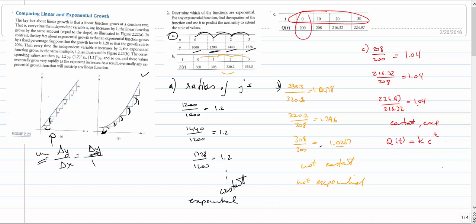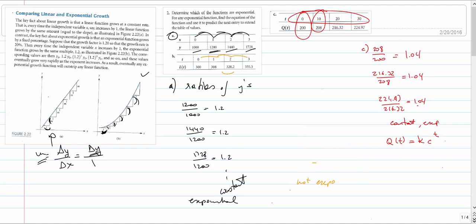Let's take 0 and 200, and 10 and 208. Let's take these two values. Now I'm going to erase this, and part A as well, and work on part C.